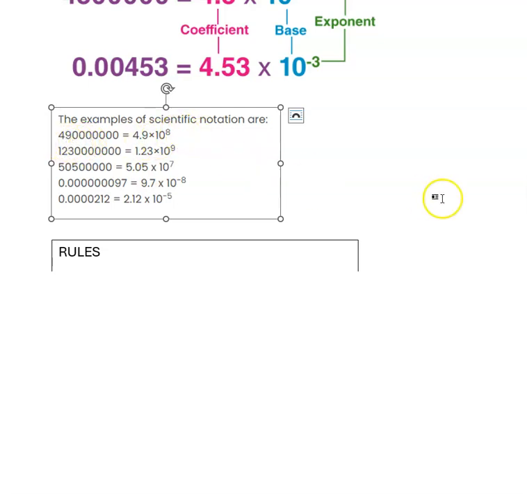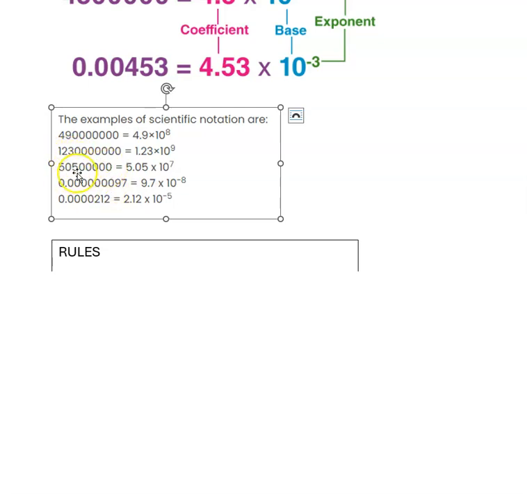And I have an 8 as my exponent. So, this large number, notice I put 1.23. So I've got a little bit more. Times 10, and then I move it 1, 2, 3, 4, 5, 6, 7, 8, 9.